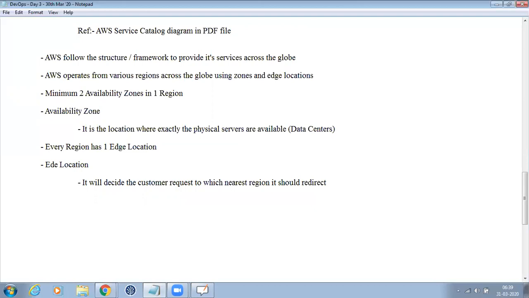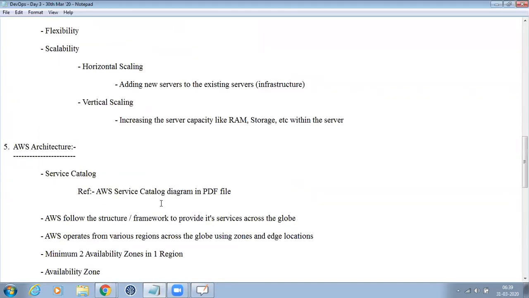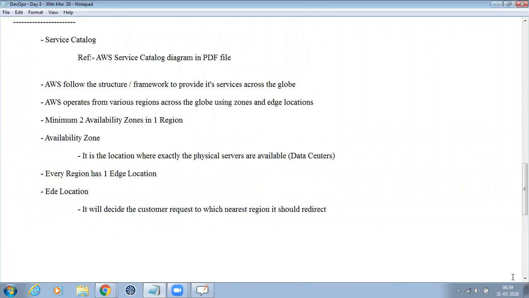It will decide. Next, how to choose the right region or regions?